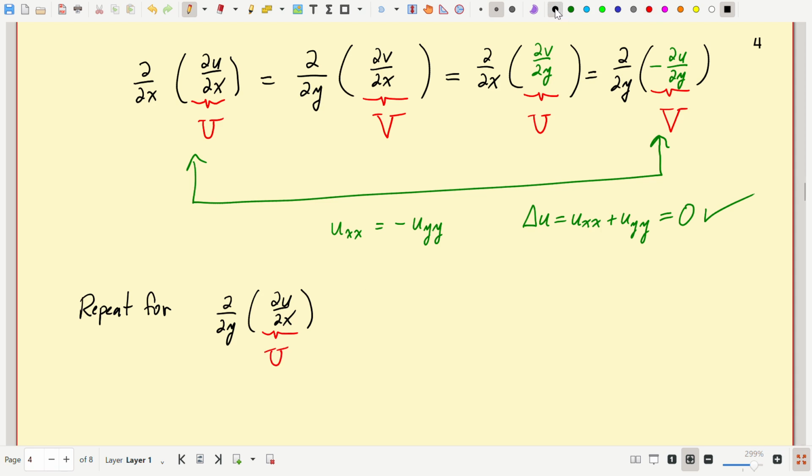I want it for little v, to see little v is harmonic. And I don't get it from that top one. Those are just the mixed partial derivatives being equal. So I have to do it again for the second one. And when I do it this time, I would get minus d by dx of v, and v is dv by dx.